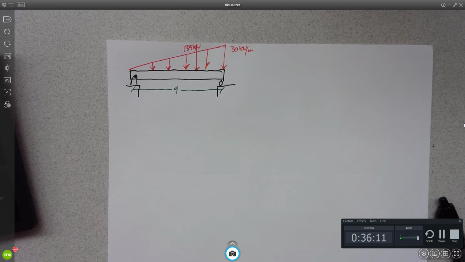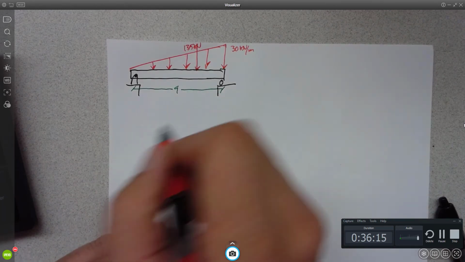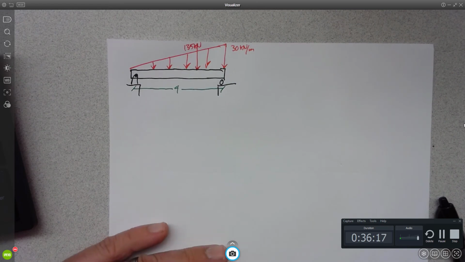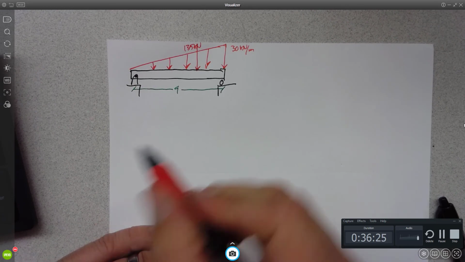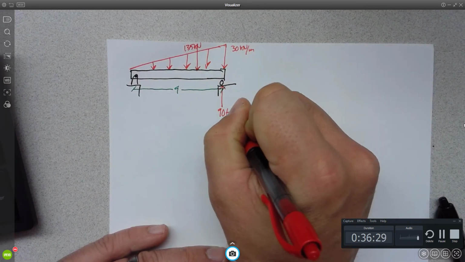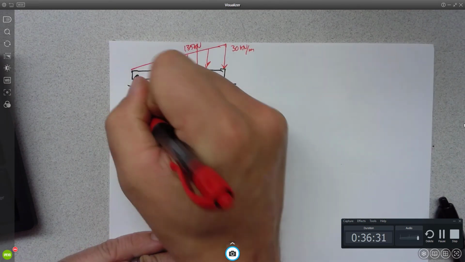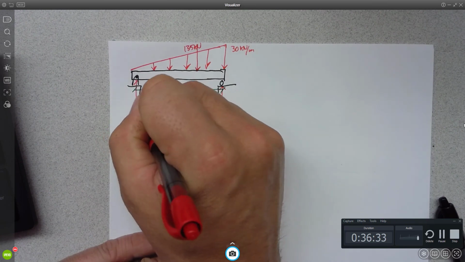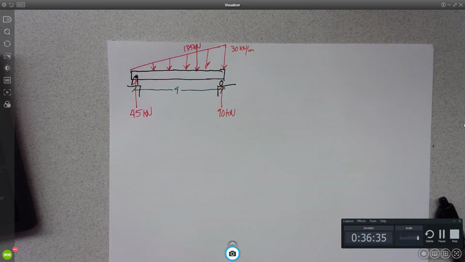Then we'd have to 1/3, 2/3 that to figure out our reactions. So could someone tell me what 2/3 of 135 kilonewtons is? Okay, so there are my reactions.